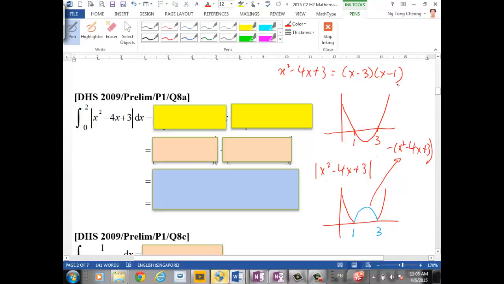Then you compare directly. As you compare, then you notice that okay, from 0 to 1, the modulus function is exactly this. Then from 1 to 2, over this interval here, the modulus function graph is just the negative of your quadratic function. So you split it this way, right?